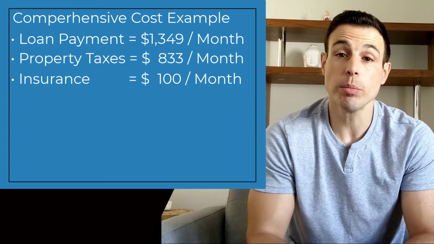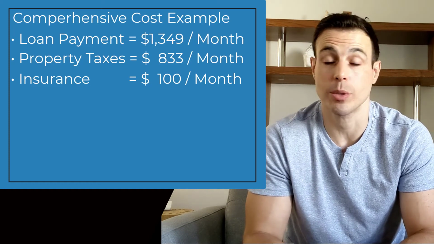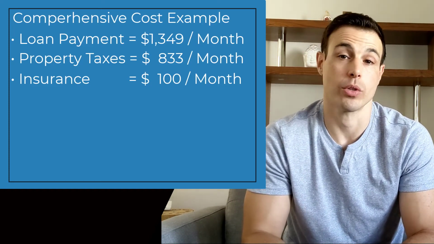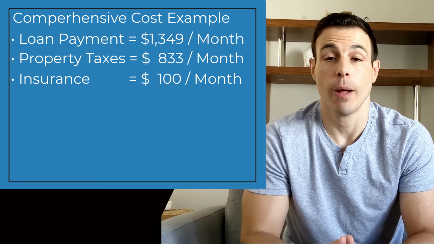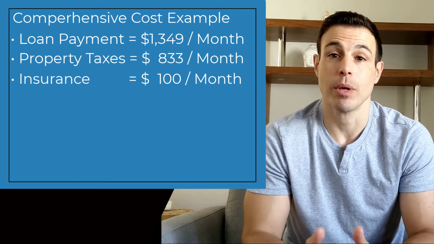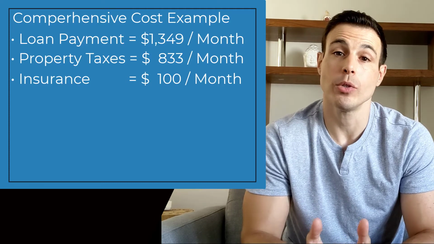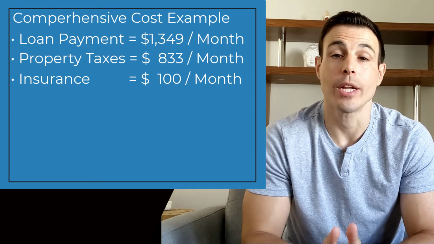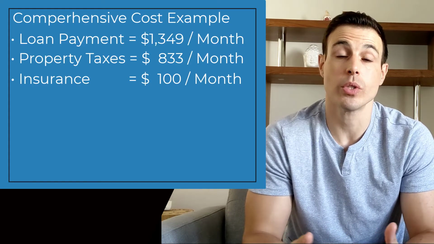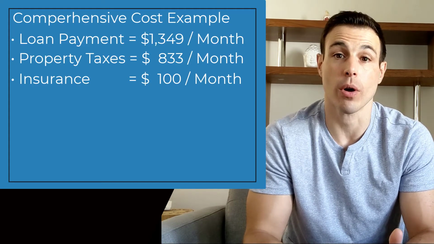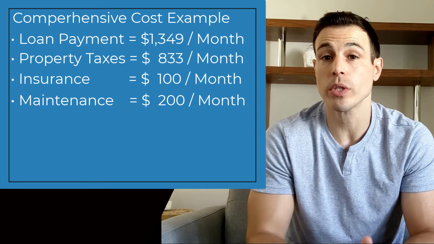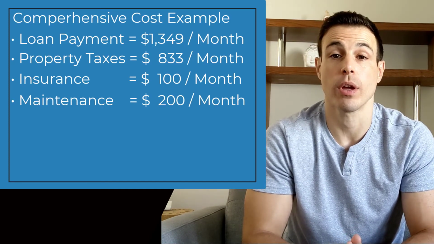Some examples of unplanned maintenance are garbage disposal replacement, plumbing leaks, roof issues, broken sprinklers, the list goes on. Now, you're not going to know the exact timing or cost of these, but you can be 100% certain that you will incur them. And it's really prudent to save for these costs so you're not caught off guard. And so in this example, we're going to assume that you're either spending or saving $200 a month for maintenance costs.